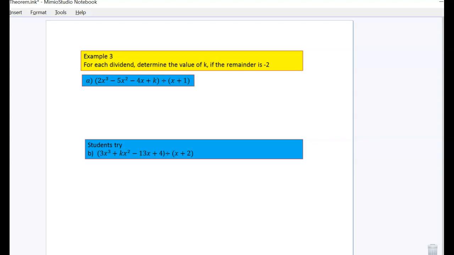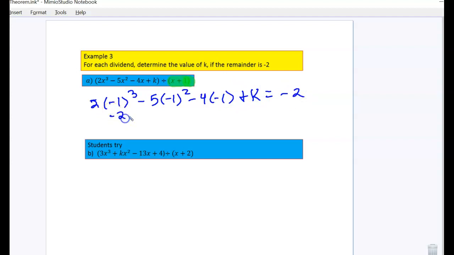It says for each dividend, determine the value of k if the remainder is negative 2. So if I'm dividing 2x cubed minus 5x squared minus 4x plus k by x plus 1, and I get a remainder of negative 2, that means if I plug in negative 1, which is the value that makes my binomial 0, for x in the polynomial, it should equal the remainder, which is negative 2.